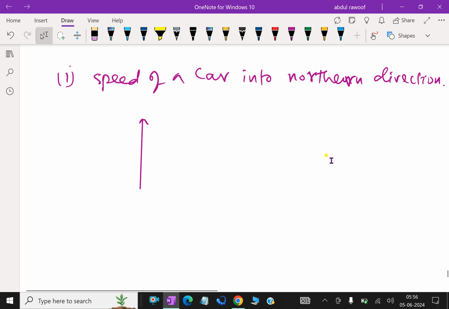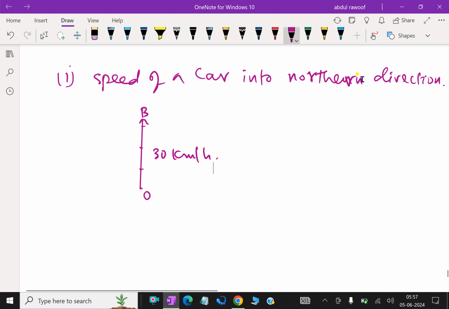So we can start with O, then B. Suppose it has 30 kilometers per hour, or meters per second also. This is the vector representation of this information, that is the speed of a car in the northern direction.